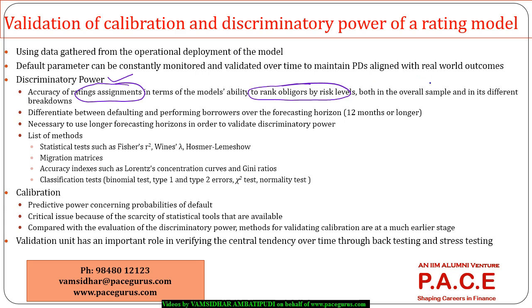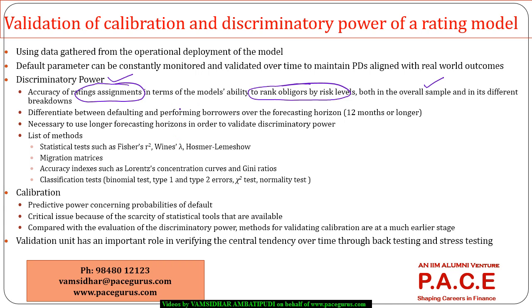Over the overall sample they should be able to do the ranking, and even in terms of breakdown they should be able to do the ranking. So what is the level of accuracy with which they are able to classify the various borrowers into different levels based on the risk associated with each of the obligors?